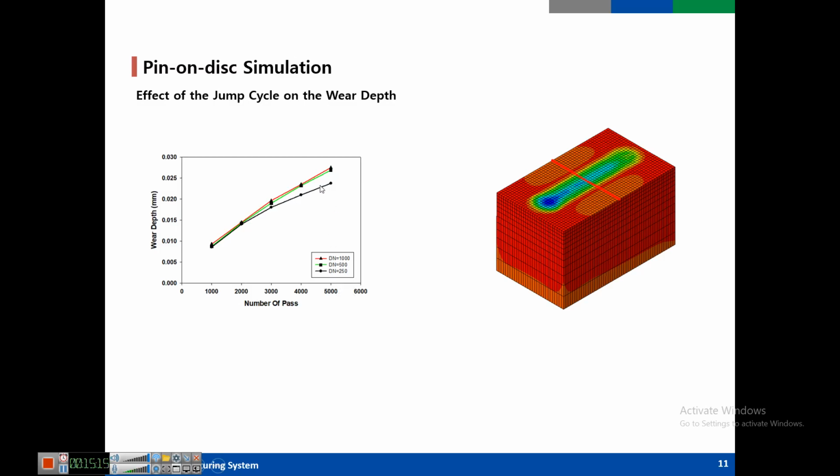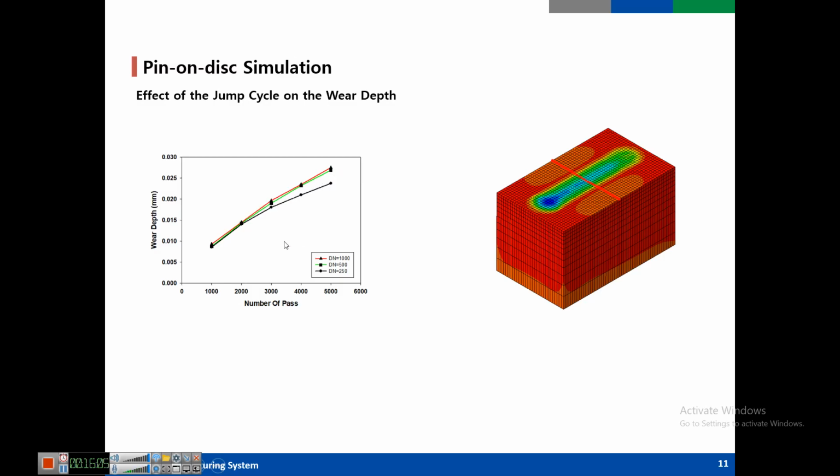You can see when I consider delta N 250, the wear depth, especially at 5,000, is lower than for 500 and 1,000 delta N. And also you can see wear depths for 1,500 after 500 experience the same trend.